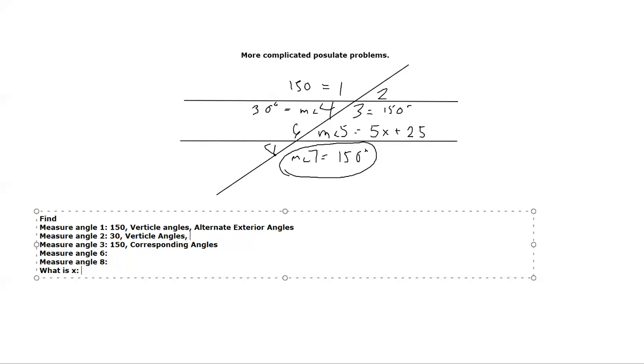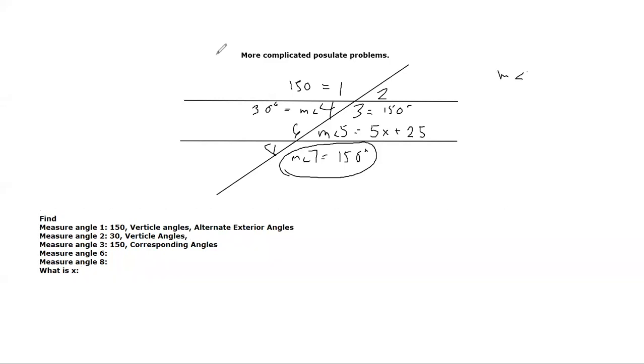There's that equation we can do. Why don't I write that up here? We know that they're going to be supplementary due to addition postulate. We know that measure angle 1 is 150. We're trying to figure out what measure angle 2 is. We know they're supplementary, so all I have to do is really subtract 150.